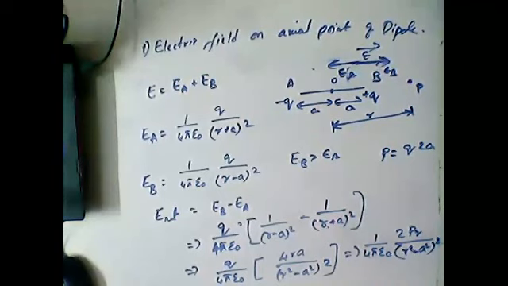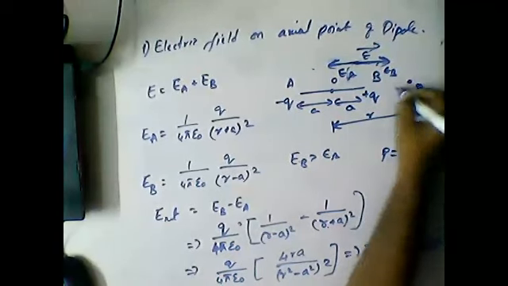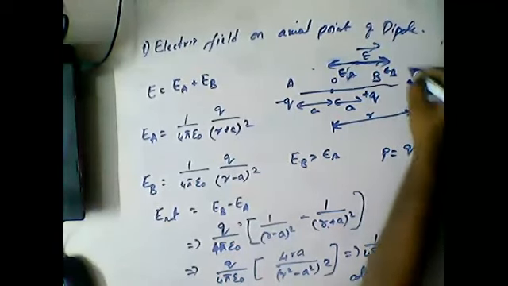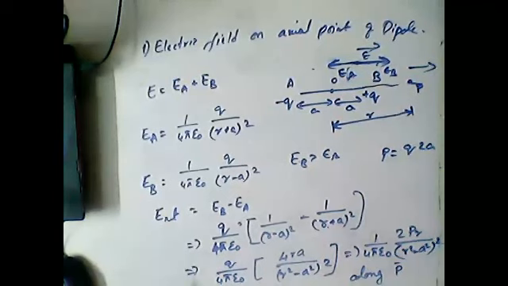This is the final formula for the electric dipole, the electric field along the point P. So in this way the electric field will be along the axis. Clear, guys? This is how we can discuss the electric field on the axial point of a dipole.